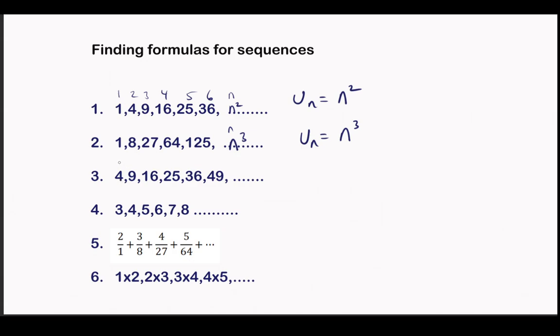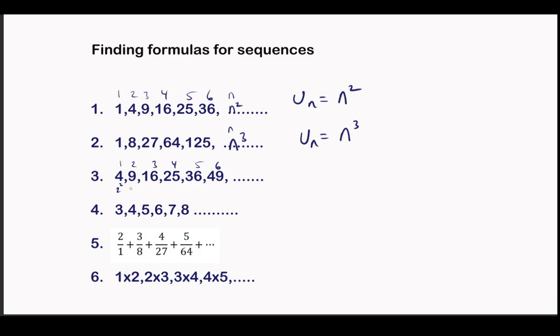This is slightly different. So here's the first number, second number, third number, fourth number, fifth number, sixth number. Now hopefully you recognize that these numbers are square numbers. They're all square numbers, okay? The problem is that we don't start on 1, we're starting on 4. So if you think about it, the first number is not 1 squared, but it's 2 squared.